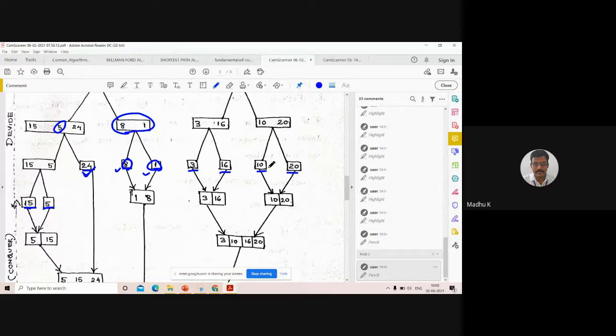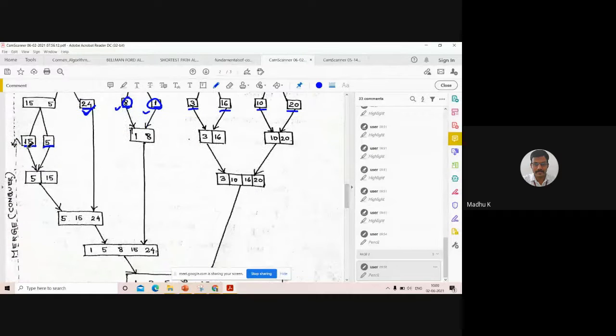Then we will start combining. Then we will merge. So first we will merge this and this. 15 and 5 is merged. So during merging, what we will do? We will perform sorting also. That is 15 and 5.